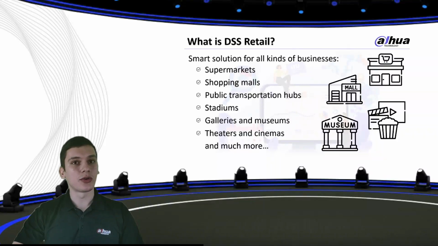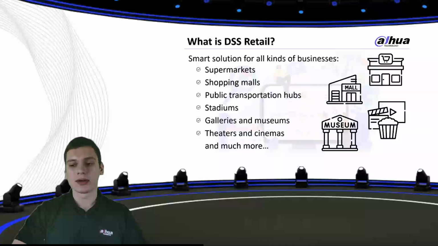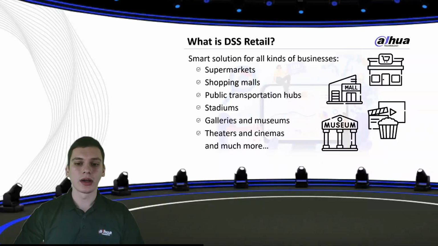So not only retail stores or retail applications, but also shopping malls, public transportation, stadiums, galleries, museums, everywhere where you want to have some statistics about people who are going in to these places. We will show the statistics, what we can do in this module, how we can use it. So we have a wide range of uses here.